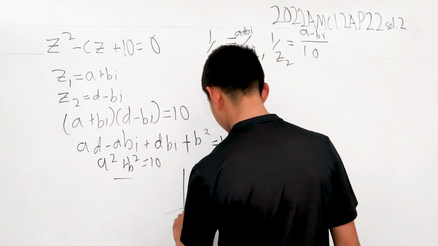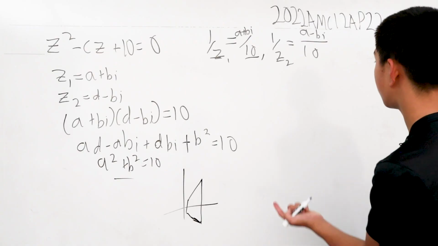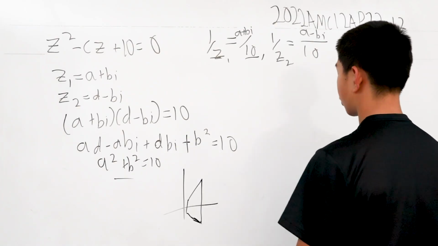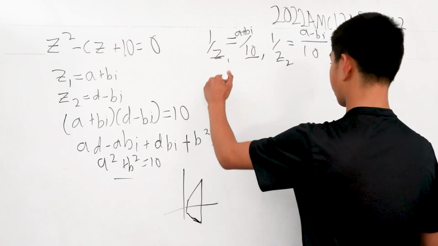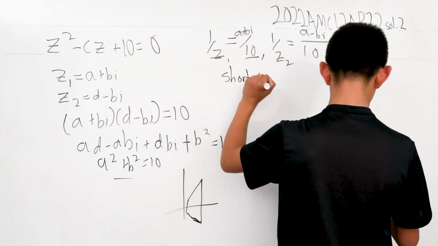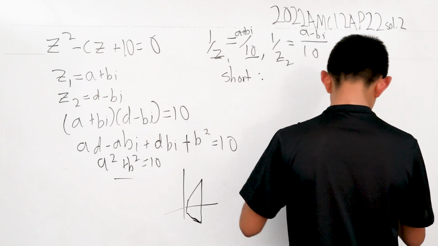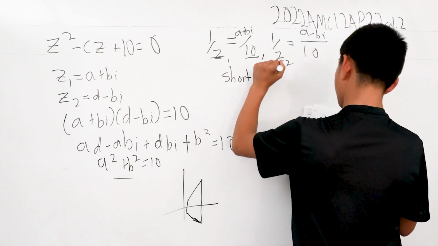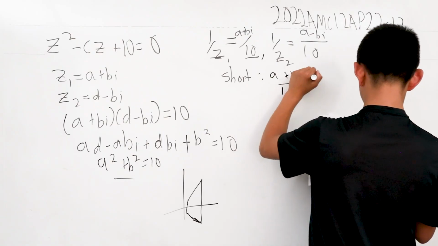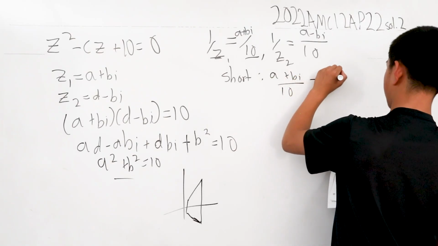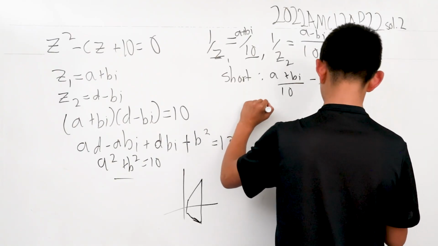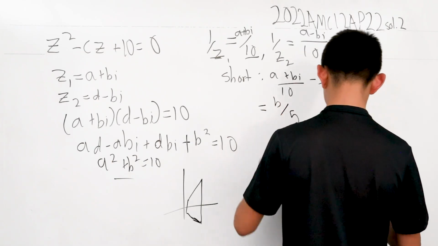There we go. Now, what we want to do is find the length of the short base. The short base is going to be a plus bi over 10 minus a minus bi over 10. This turns out to be b over 5.